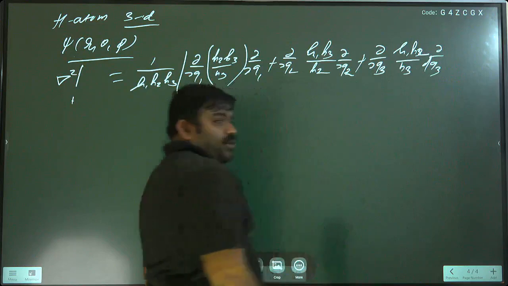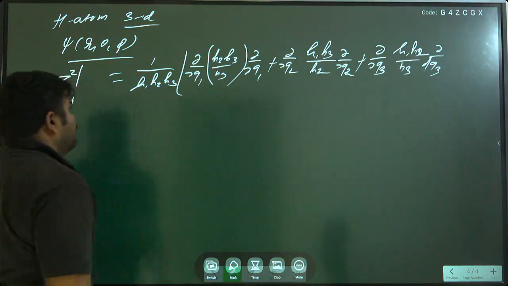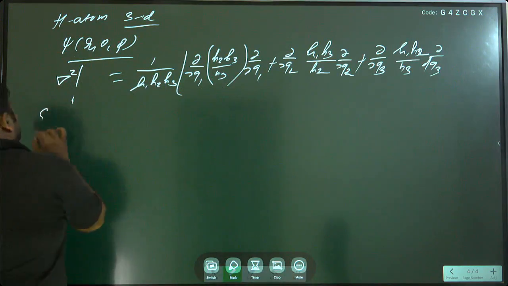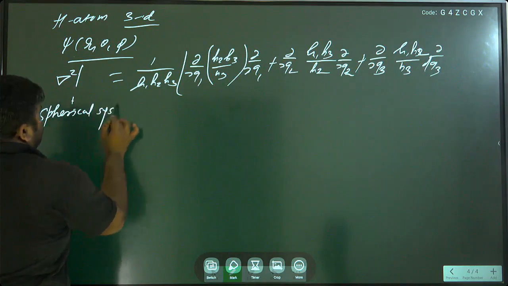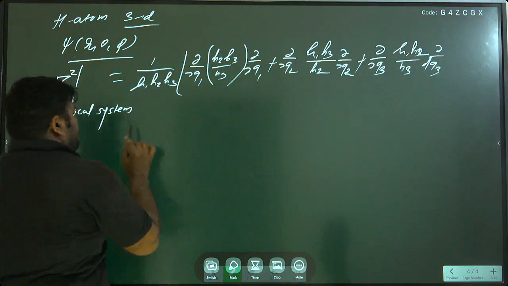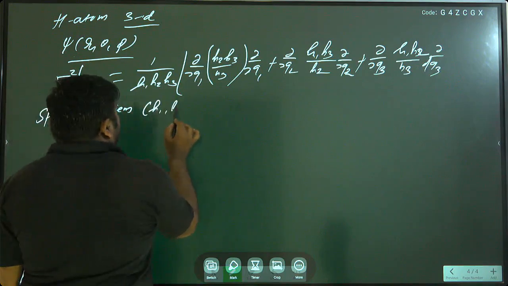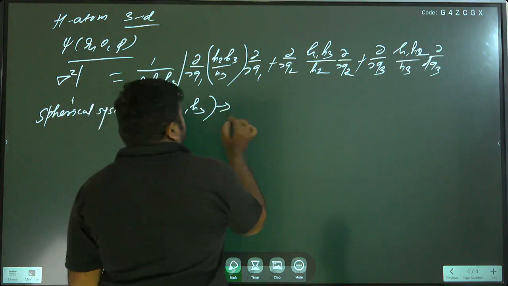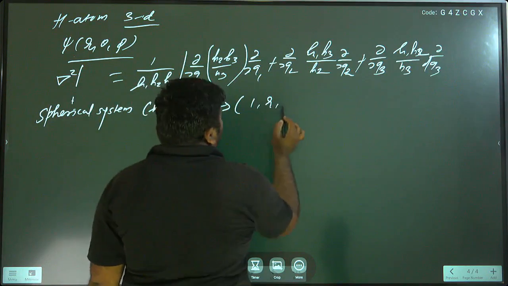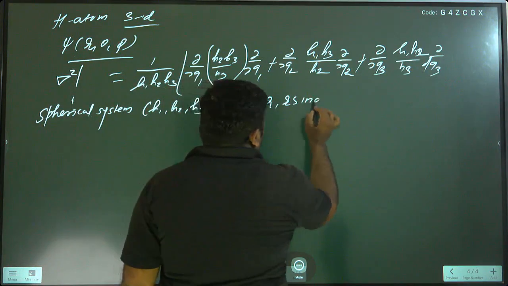Okay. Now what are the values of q1, q2, q3 and h1, h2, h3 in the spherical system? h1, h2, h3 is equal to 1, r, r sin theta. ये value होती है.